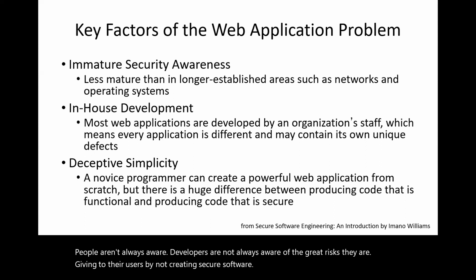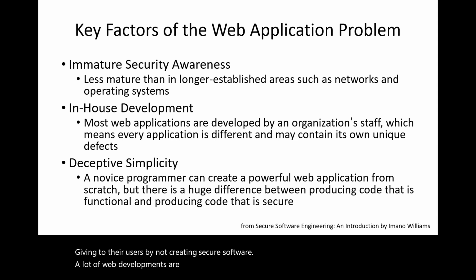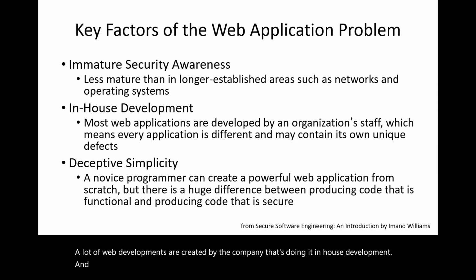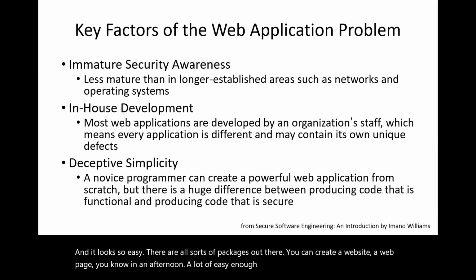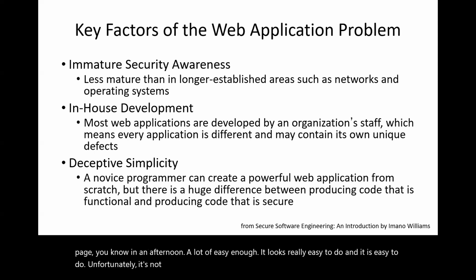A lot of web development is created by the company that's doing it. It's in-house development. And it looks so easy. There are all sorts of packages out there. You can create a website, a web page, in an afternoon, a lot of them, easily enough. It looks really easy to do. And it is easy to do. Unfortunately, it's not always as easy to create it securely.